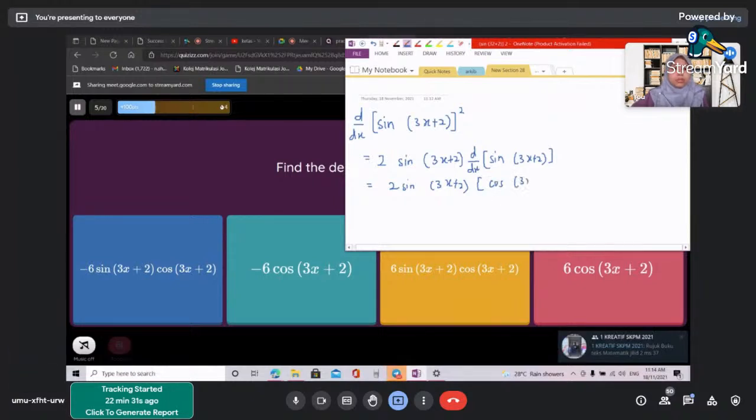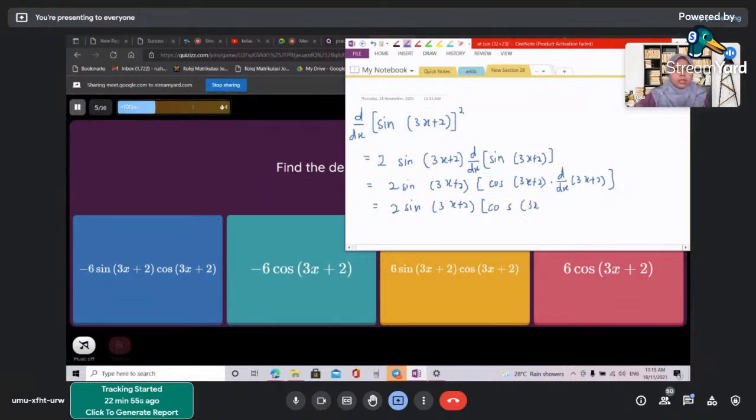Cos, and then you just copy down the angle, and then don't forget to multiply with the derivative of the angle. Differentiate 3x plus 2, you will get 3. So 3 will times with 2, so you have 6 cos 3x plus 2.